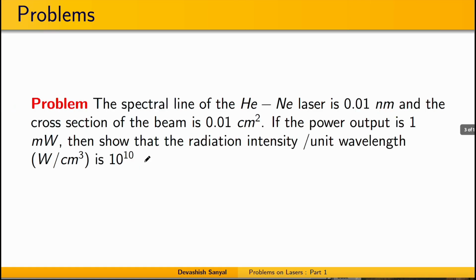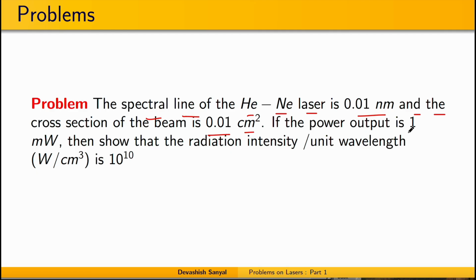The next problem: the spectral width of a helium neon laser line is 0.1 nanometer, and the cross section of the beam is 0.01 centimeter square.